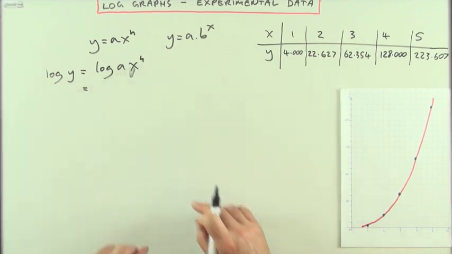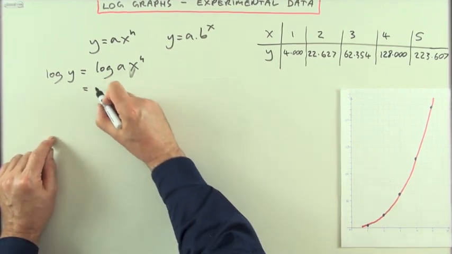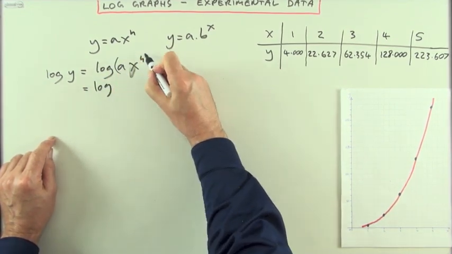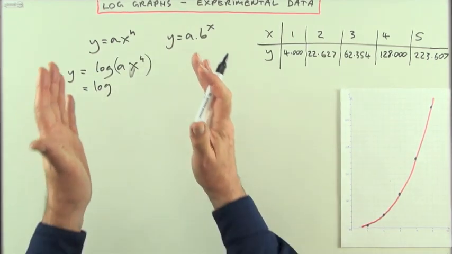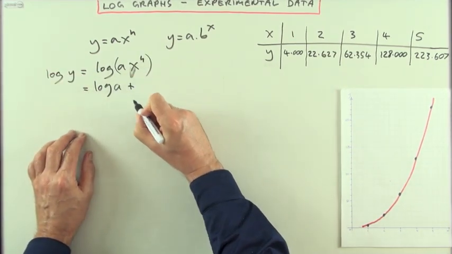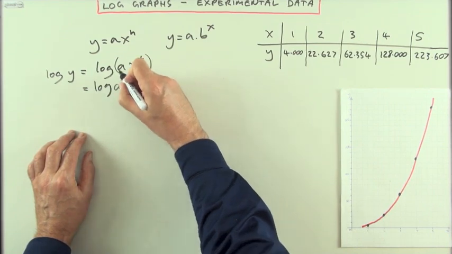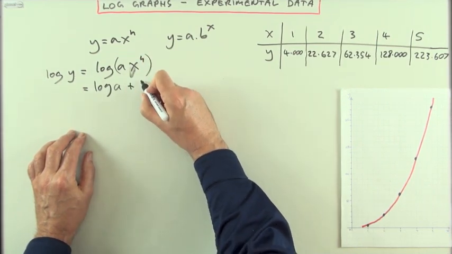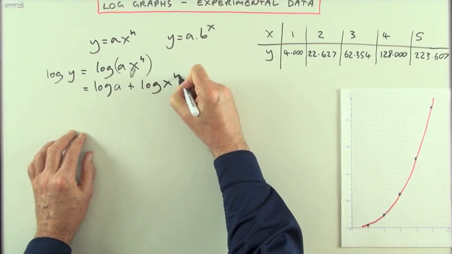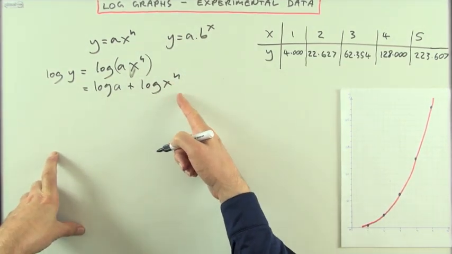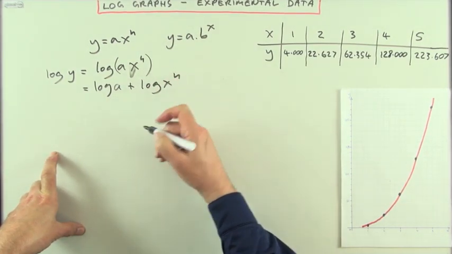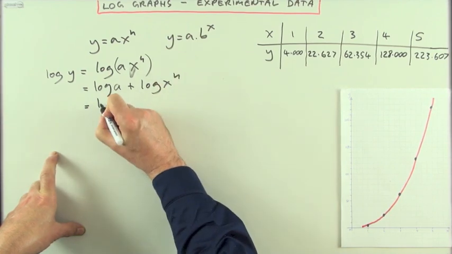Then start using your laws of logs to split those terms up. The logarithm of a product is the same as the individual logarithms added of the two factors. Then, when you have the logarithm of a term involving a power, the handy thing is that power can pop out.